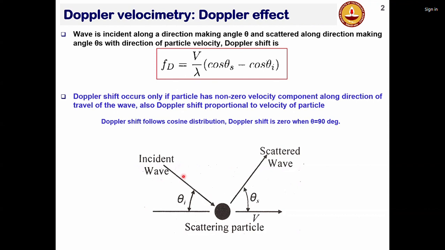So that means if you have an instrument which can measure the Doppler shift or the change in the frequency, and we know the position of the transmitter and the receiver with respect to the flow direction, that means if you know these angles, and we of course know the wavelength of the signal that we are giving to the system, we can predict what is the flow velocity.